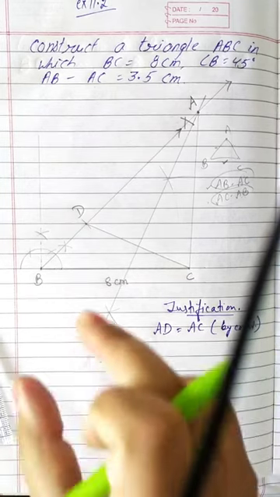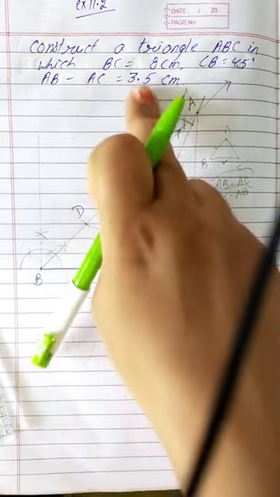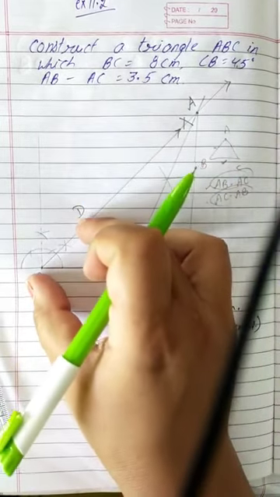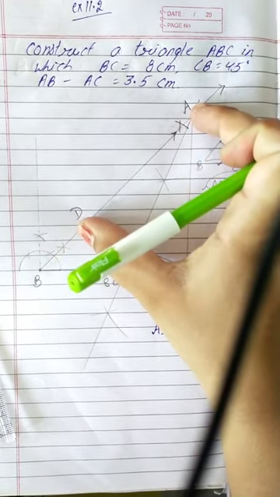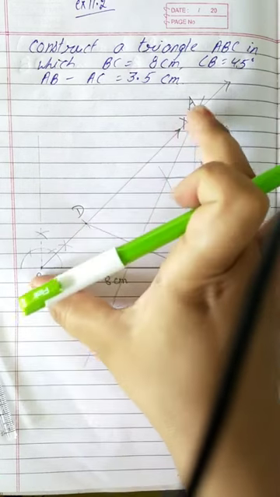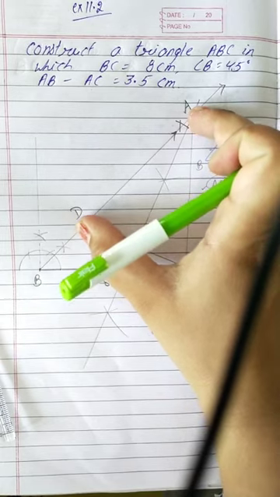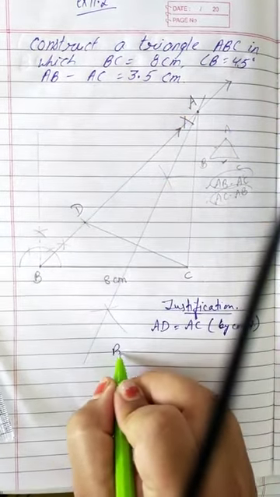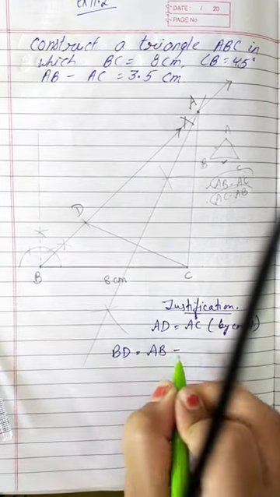Next step, what is BD? What BD you chose? You chose it, the difference. So BD, actually what is BD here? BD is equal to this full BA minus AD. Understood? What is BD? When you subtract this length from the full length, then you will get BD. So let us write BD is equal to AB minus AD.